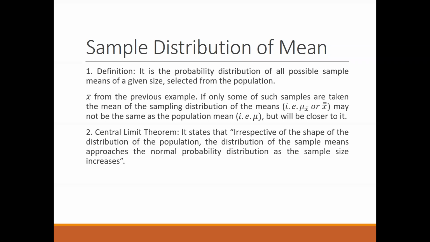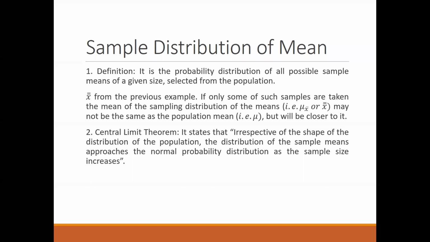It states that irrespective of the shape of the distribution of the population, the distribution of the sample means approaches the normal probability distribution as the sample size increases. And what do you mean by big size? As I told you, if n is greater than or equal to 30, it can be considered a bigger size, not a small size.